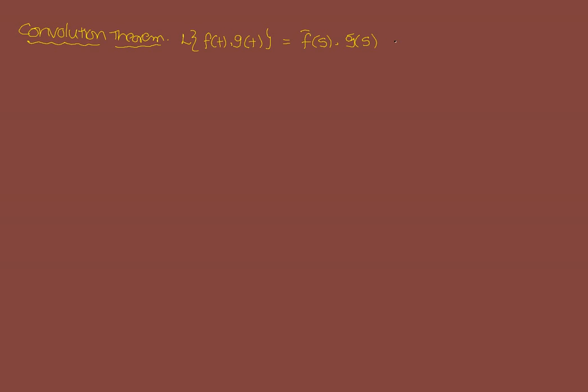In other words, you can write it as L inverse of f bar of s into g bar of s is equal to f of t convolved with g of t. Both are the same. This is in terms of the Laplace, and this is in terms of the L inverse. So how to prove this one?